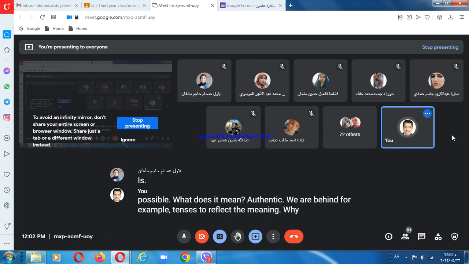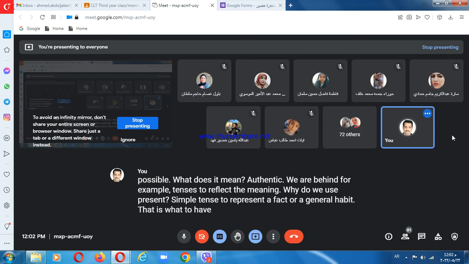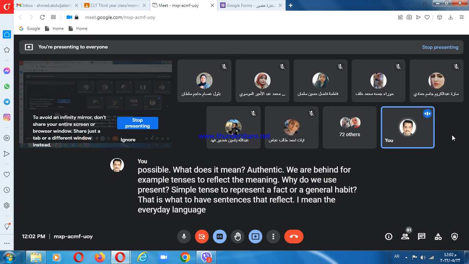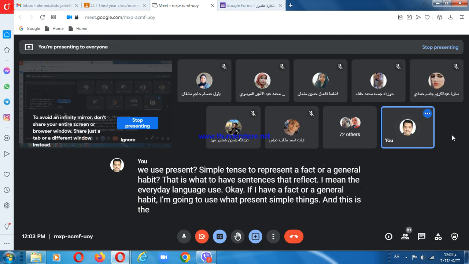Why do we use the present simple tense? To represent a fact or a general habit. That is, to have sentences that reflect everyday language use. If I have a fact or a general habit, I am going to use the present simple tense, and this is the authentic use of it, rather than just to emphasize the structure.